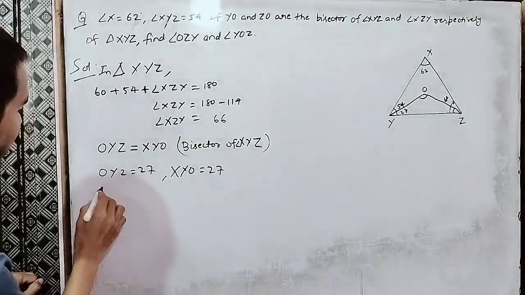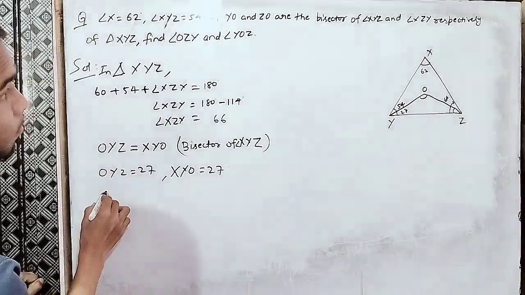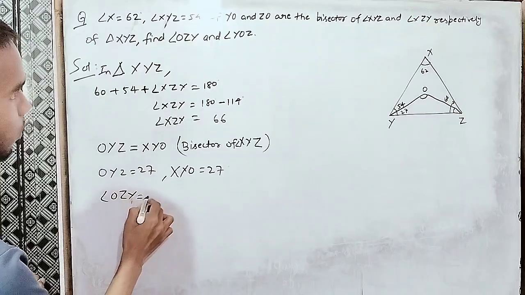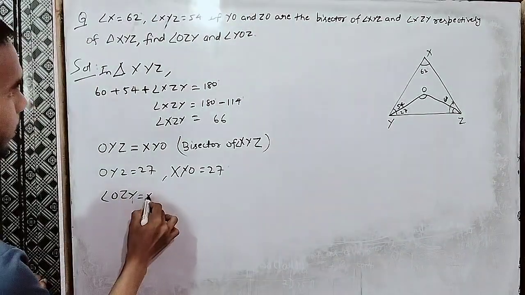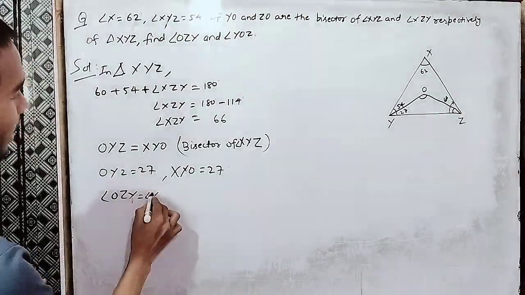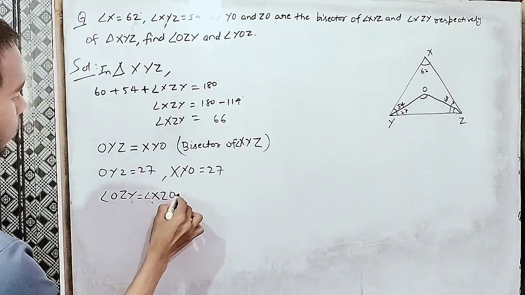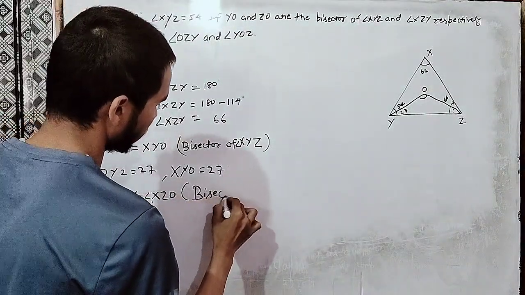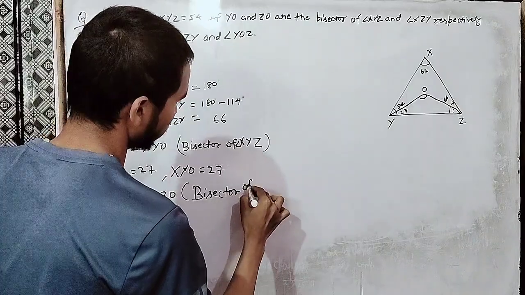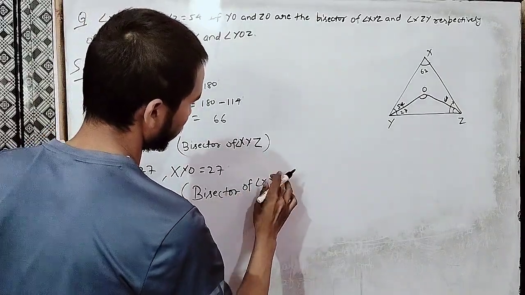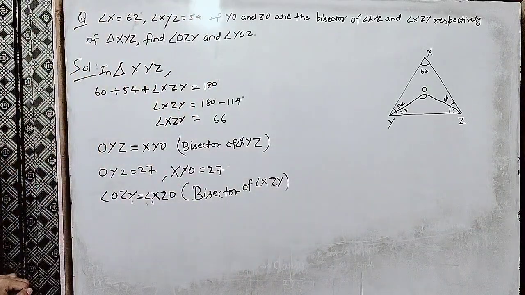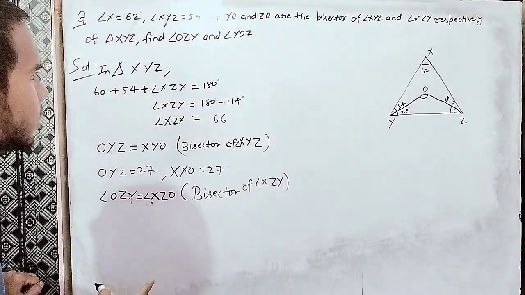We can write OZY is equal to angle XZO, because of the bisector of angle XZY.